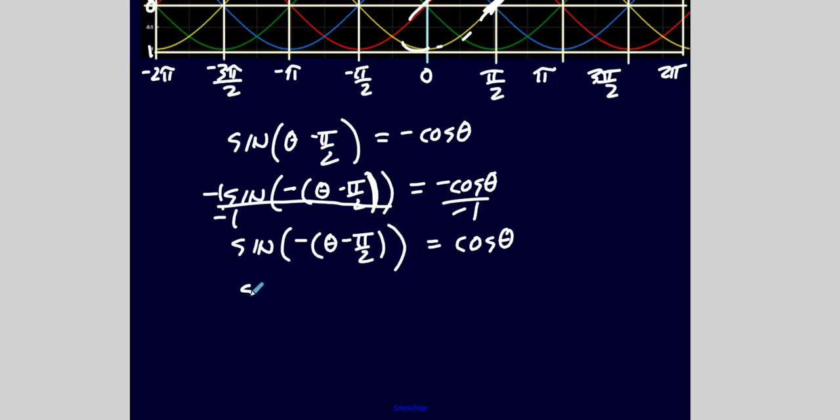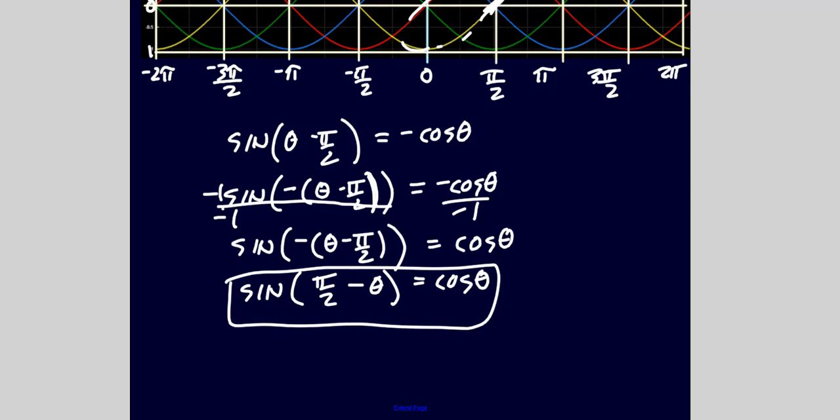But now the negative of theta minus pi over 2 is pi over 2 minus theta, using the distributive property. So sine of pi over 2 minus theta equals cosine theta, and that's what we're trying to prove here. That's what we just demonstrated.